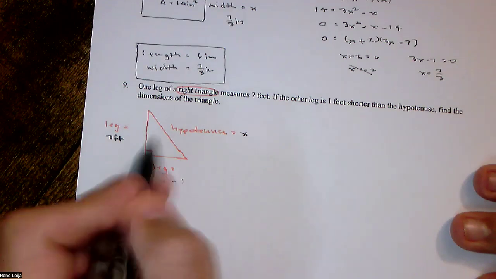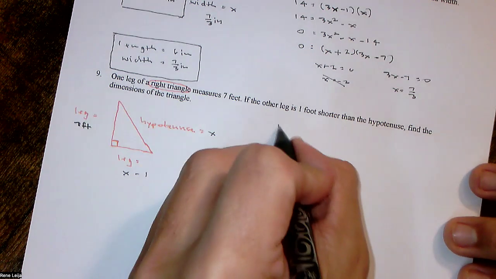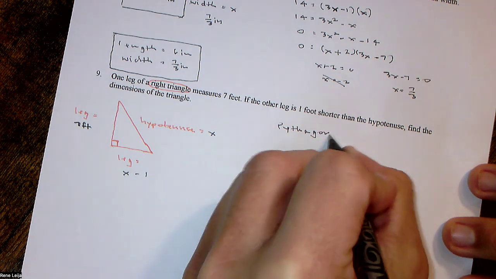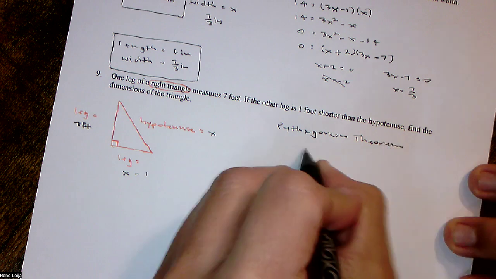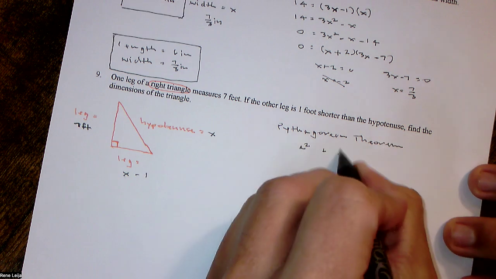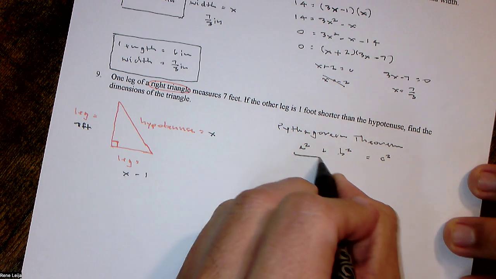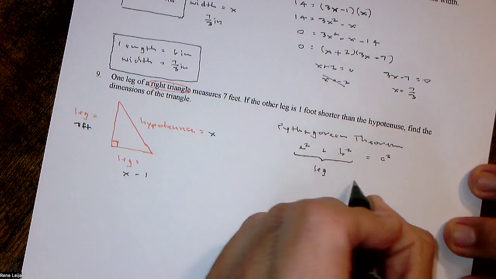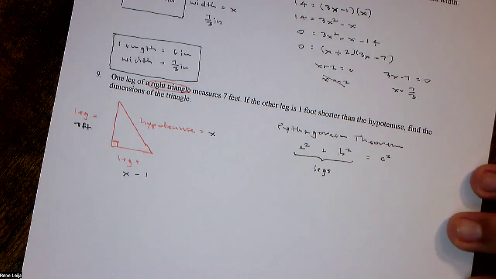Okay, so I have a right triangle and the hypotenuse, so that means I'm going to use the Pythagorean theorem, which is a squared plus b squared equals c squared. Now, a squared and b squared refer to the legs, okay? Which means c is going to be the hypotenuse.